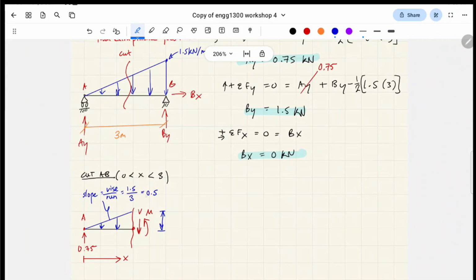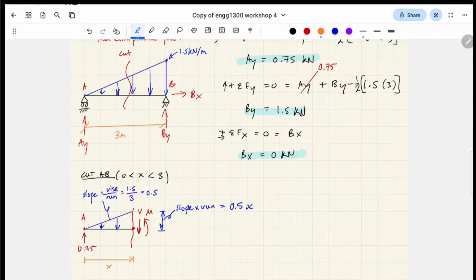So this height here is going to be slope times run, which is our rise. And the rise is going to be 0.5 times x, because x represents the distance that we've traveled along our beam.